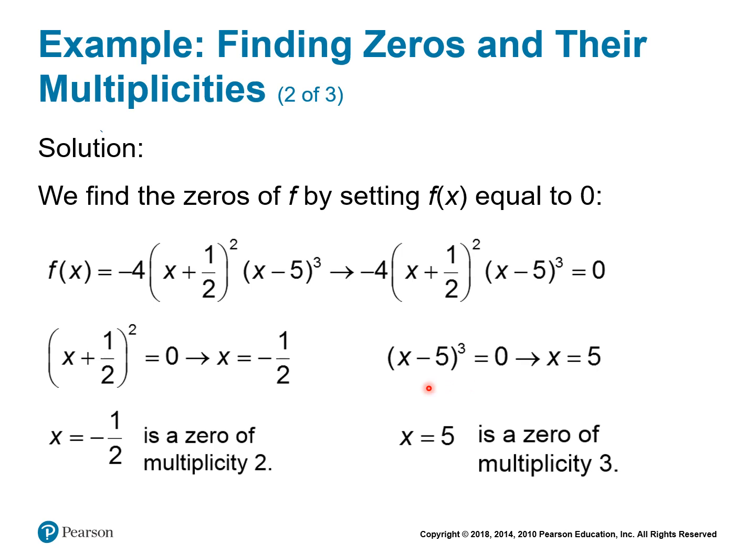X minus 5 whole cube means x minus 5 times x minus 5 times x minus 5. So we make each factor equal to 0 and solve for x for each factor. So we would have 3 values of 5 for x. So x equals 5 is a 0 of multiplicity 3. We also stated the same thing in the previous slide when we worked through the problem.